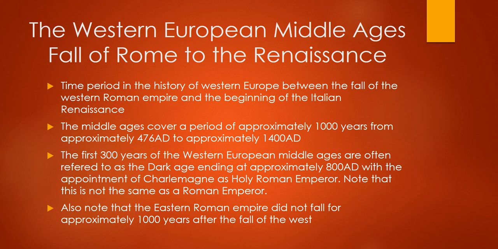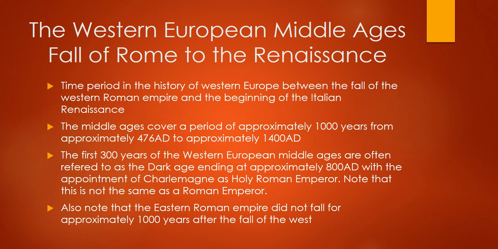This period in history runs from the fall of the Western Roman Empire through the beginning of the Renaissance. It's about a 1,000-year time period, from about 476 to 1400. The first 300 years of this medieval period are often referred to as the Dark Ages, the time period where there was a complete loss of the Roman technologies and most of classical literature.